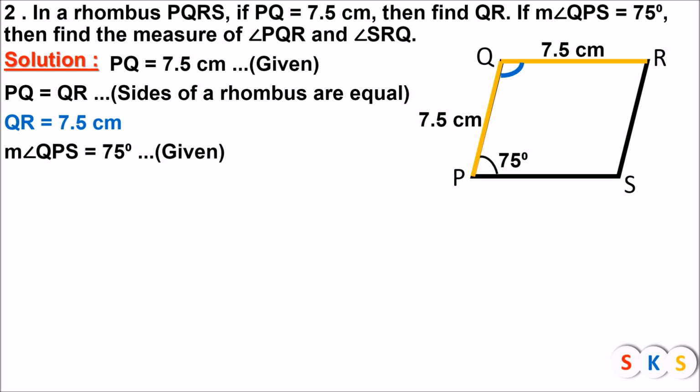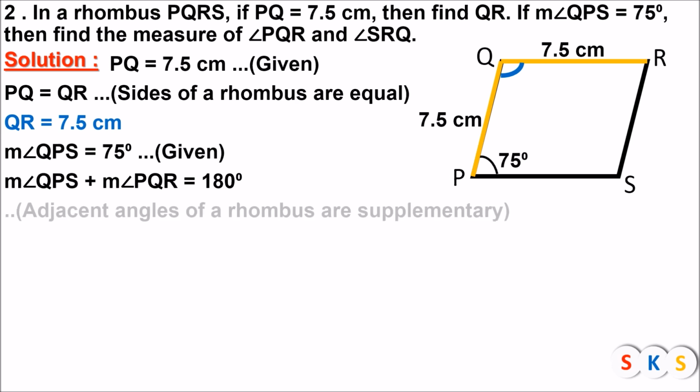They are interior angles as well as adjacent angles. And we know adjacent angles of a rhombus are supplementary. Therefore, measure of angle QPS plus measure of angle PQR equals 180 degrees. Now we substitute the measure of angle QPS, which is 75, so we will replace angle QPS by 75 degrees.